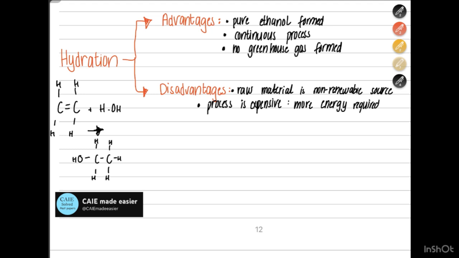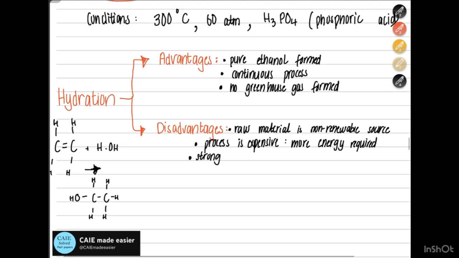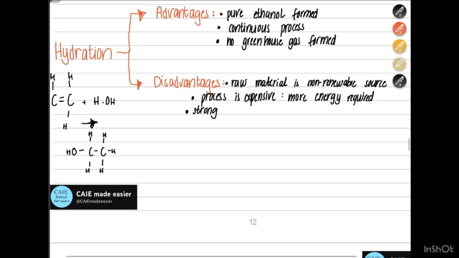And we can discuss one more, that it needs strong vessels. If you're heating ethene to as much as 300 degrees Celsius, you cannot perform this in a regular beaker, right? Some very temperature resistant, strong vessels are required.